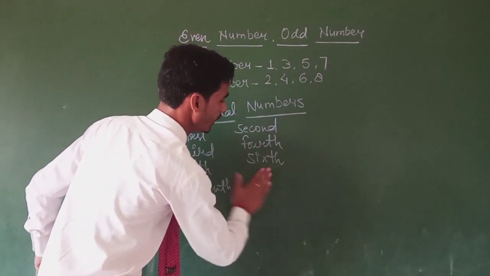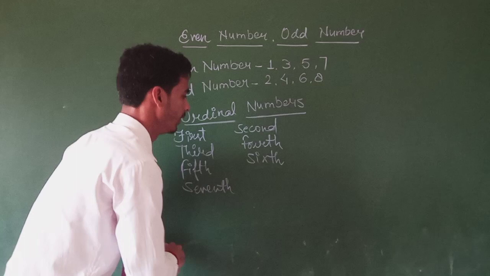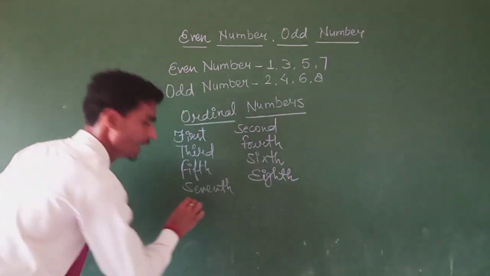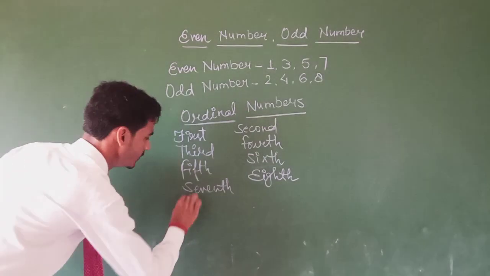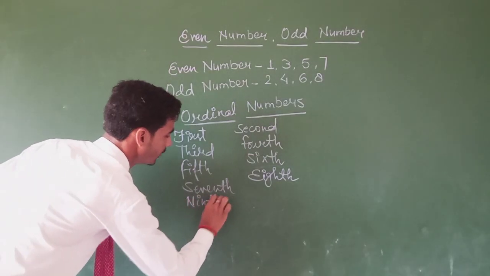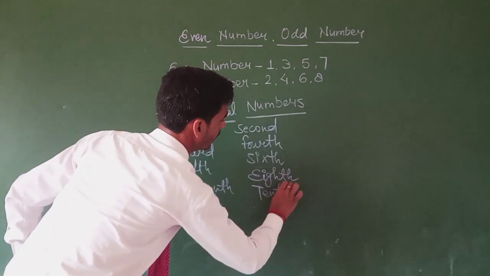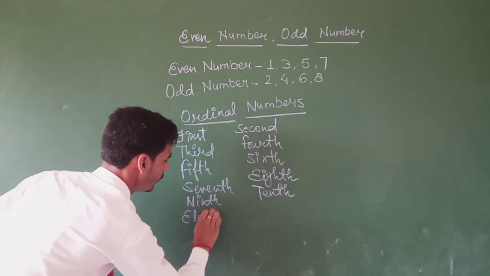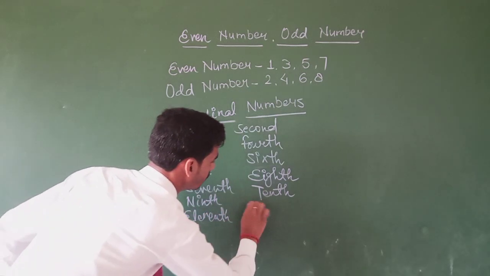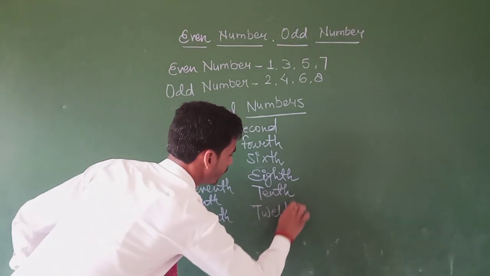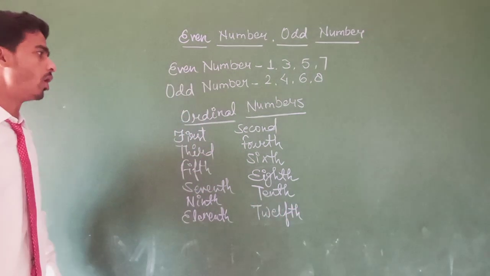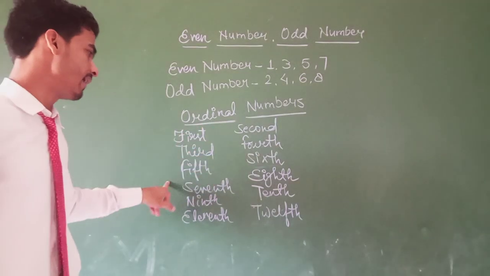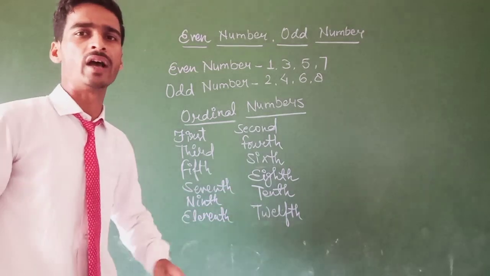Okay, spelling of 8 is EIGHTH. Okay, 9, spelling of 9 is NINTH. 10, 11 and 12. Okay, these are ordinal numbers: first, second, third, fourth, fifth, sixth, seventh, eighth, ninth, tenth, eleventh and twelfth.